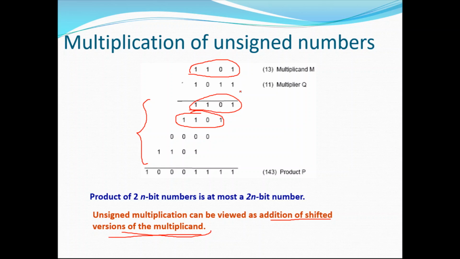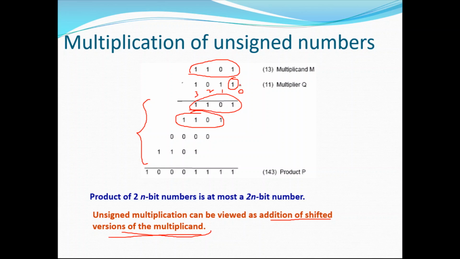In the multiplier, you can see the least significant bit. This is bit 0 of the multiplier, this is bit 1, this is bit 2, and this is bit 3.